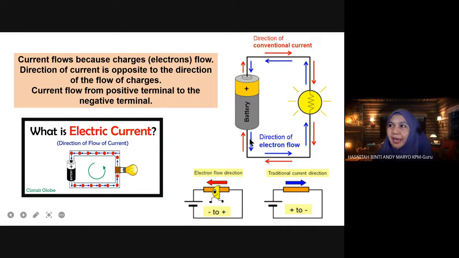The blue arrow is the direction of electron flow and the red arrow shows the direction of current flow. As you can read here, current flows because charge flows. Direction of current is opposite to the direction of flow of charges. Current flows from the positive terminal to the negative terminal. This is shown by the diagram down there.